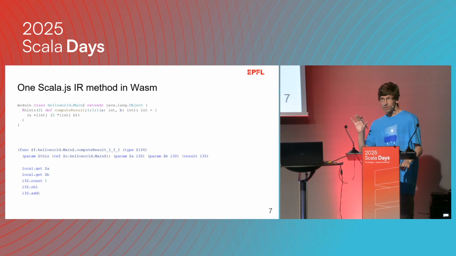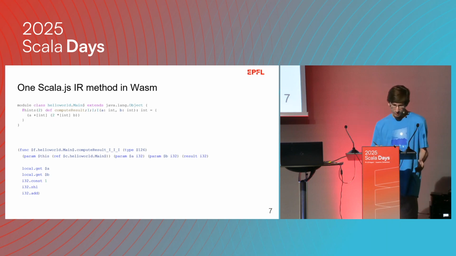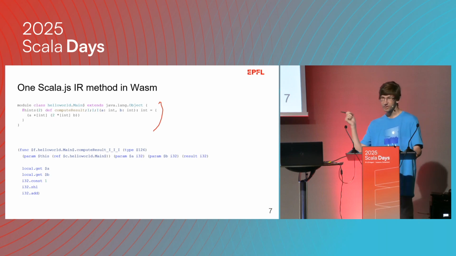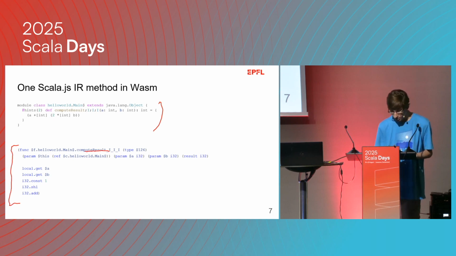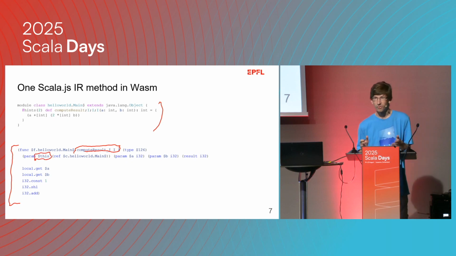When we compile that to WebAssembly, we take the IR, which was optimized. Well, this one is still the original IR, and we generate this WebAssembly function here. Here you see that you still have this encoding of the overloading resolutions, and you have types. You have a parameter this because WASM doesn't know what a method is.